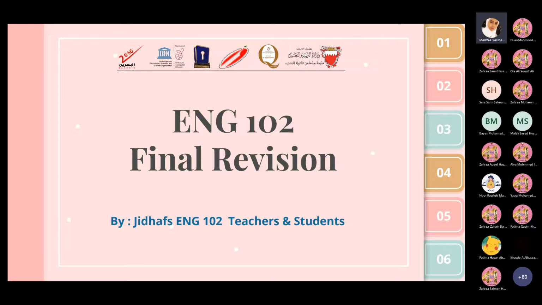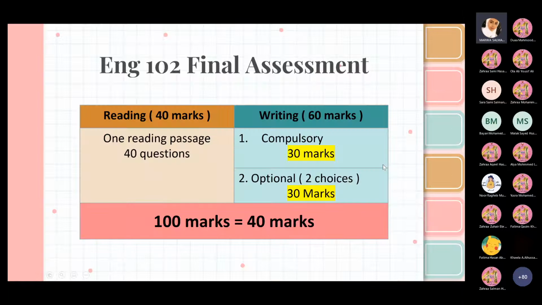So, before we start our revision, I just want to talk a little bit about the final assessment. This is the division of the marks for the ENG 102 final assessment. You will have a reading question, one passage, and you will have 40 marks.